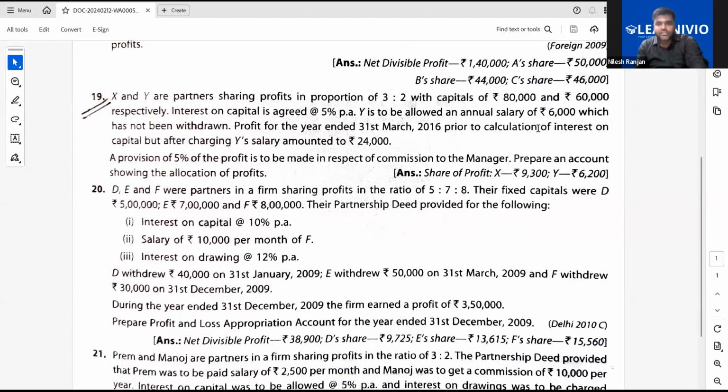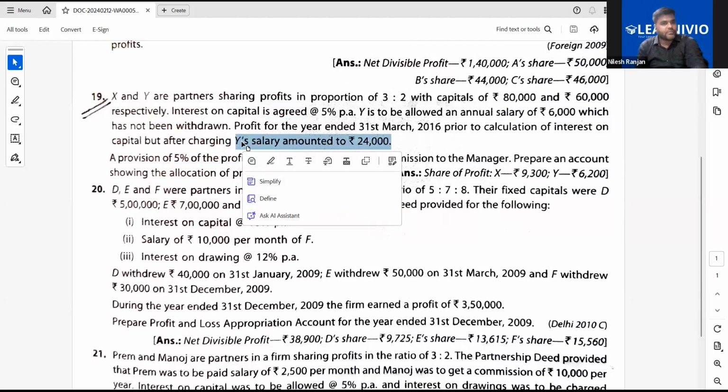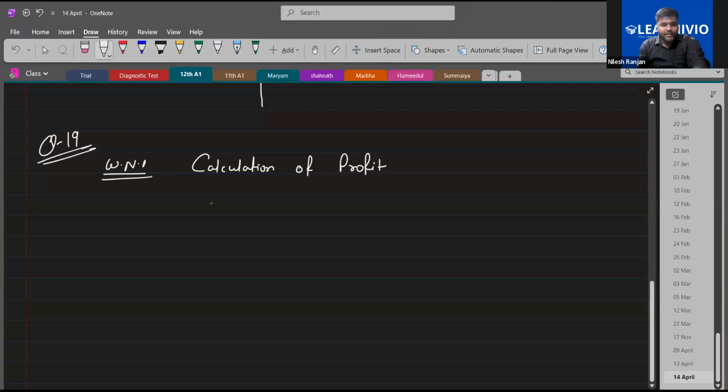But in this question, there is a problem. They have given you the profit after deducting Y salary, which is not correct. You cannot deduct Y salary before manager commission. So now we are going to add the Y salary into the profit. Profit was 24,000.